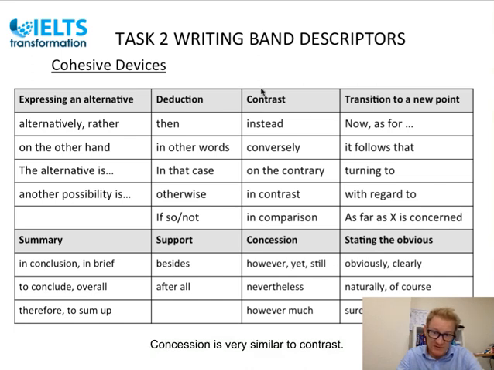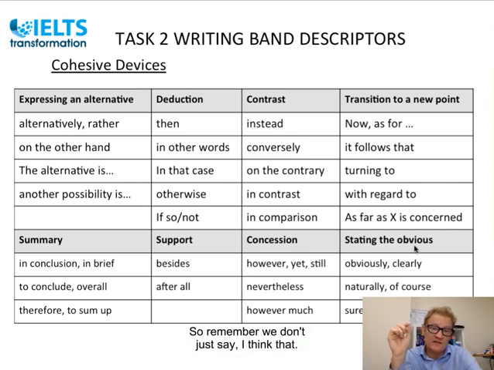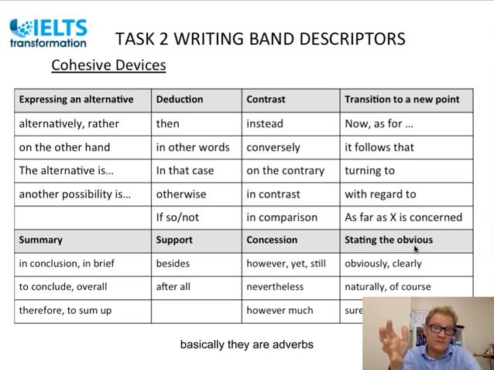Concession is very similar to contrast. And stating the obvious is useful to give your opinion. So remember, we don't just say, I think that. We can use some of these, basically adverbs, to show our opinion.